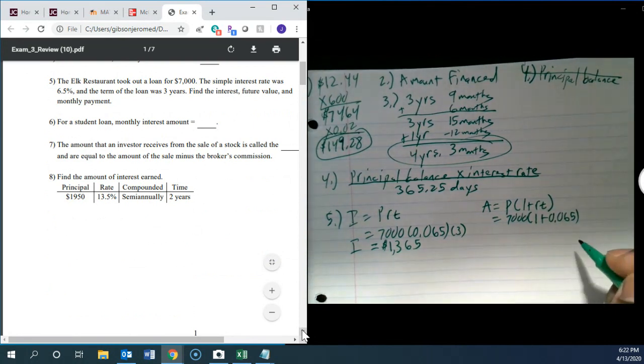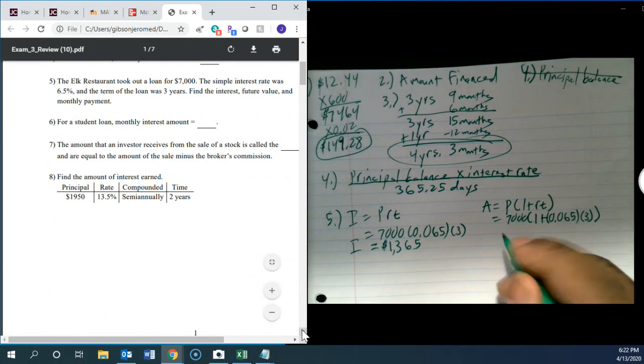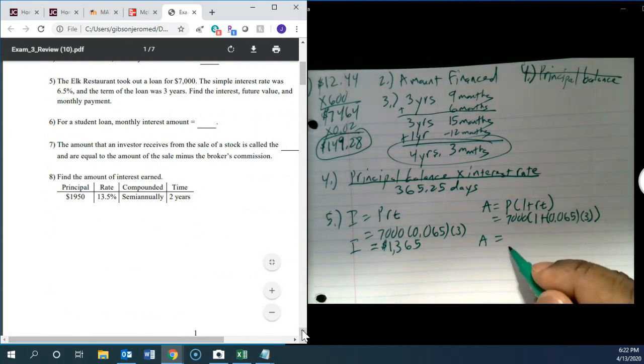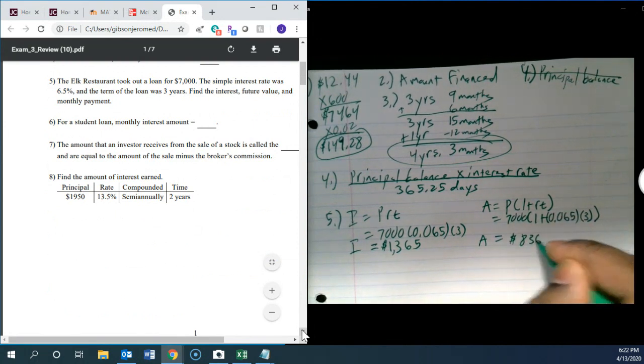And then our time is 3 years. Actually, these are supposed to be multiplied to each other. So now, after we multiply everything out here, this will give us $8,365.